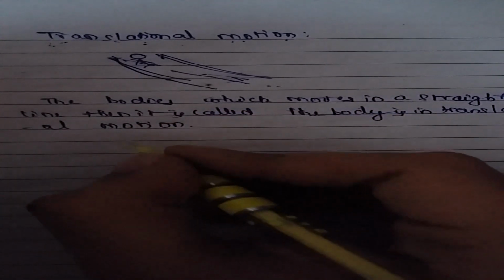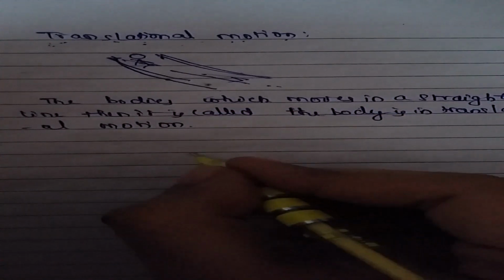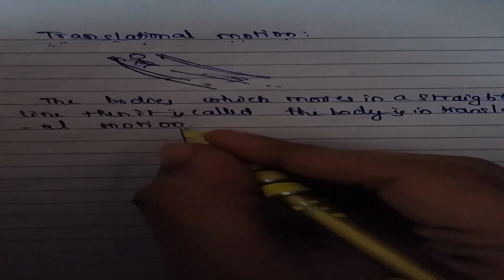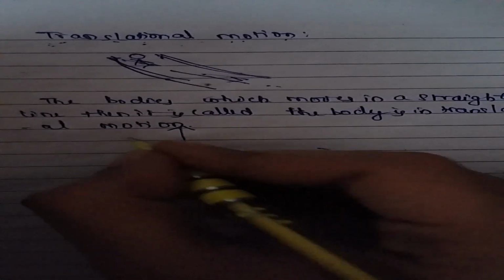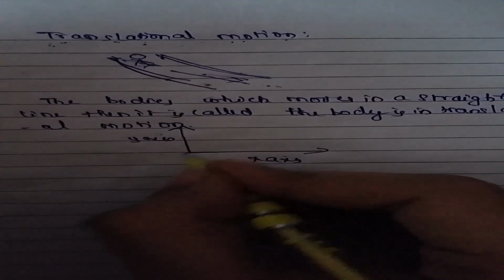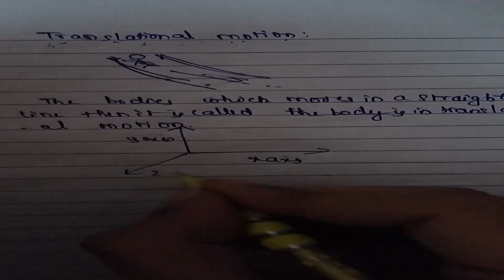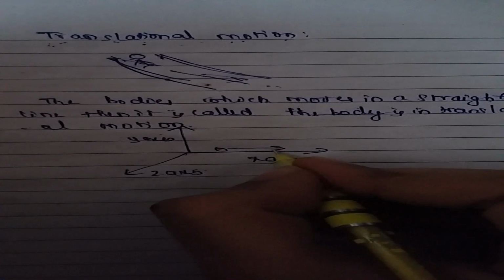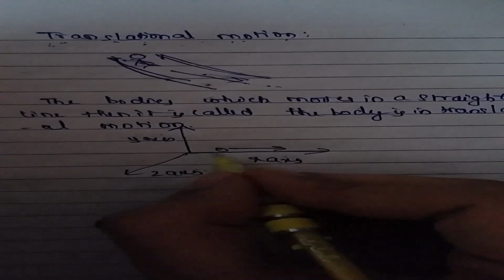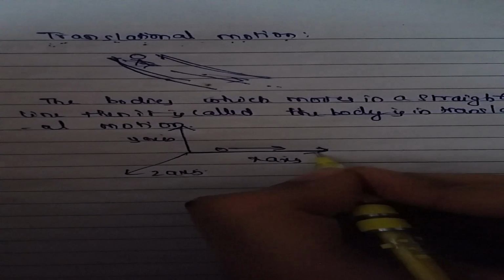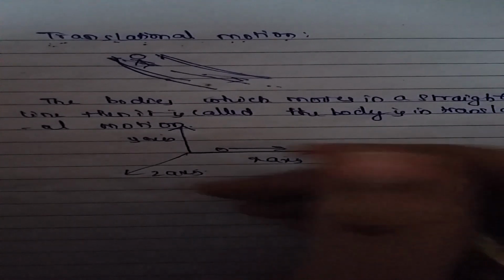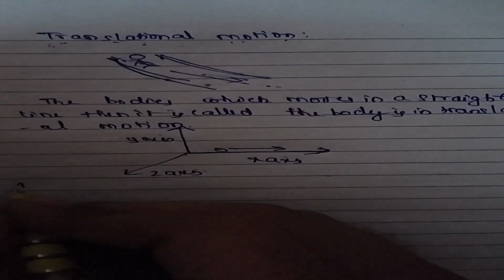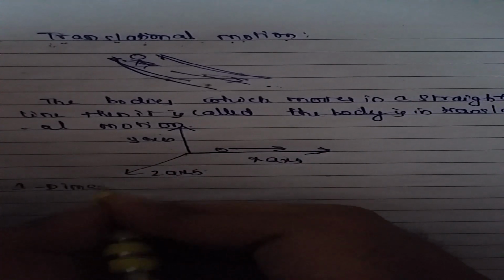If we consider the coordinate axes, we have the three-coordinate system: the first one is the x-axis, another one is the y-axis, another one is the z-axis. If the body is moving in this direction, only one axis is enough to define that motion. That is called one-dimensional translational motion.